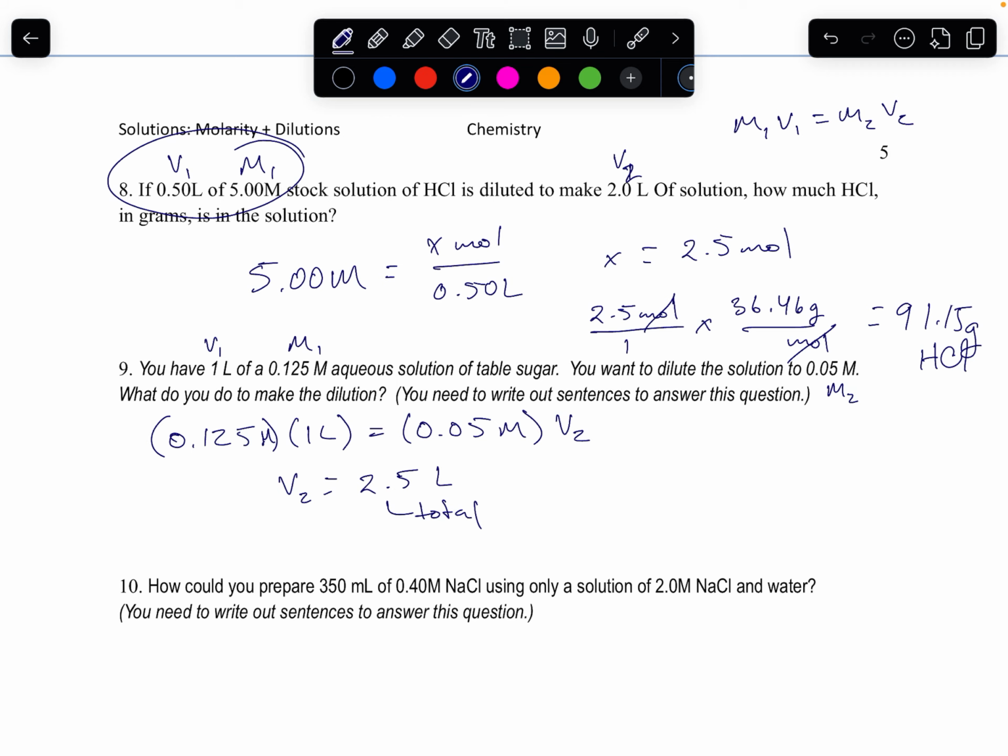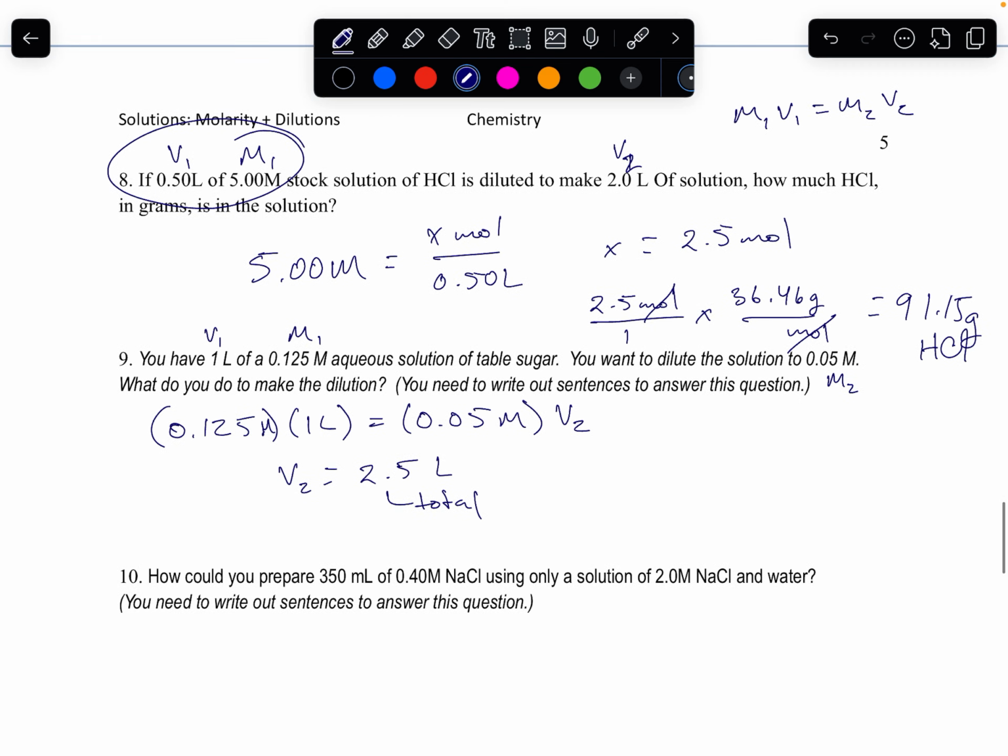If I want to know how much I need to add to make this dilution, I've got a final volume of 2.5, and I subtract from that the 1 liter that we started with. So I need to add 1.5 liters to that 1 liter of the 0.125 molar solution. Then that should give me my diluted solution.